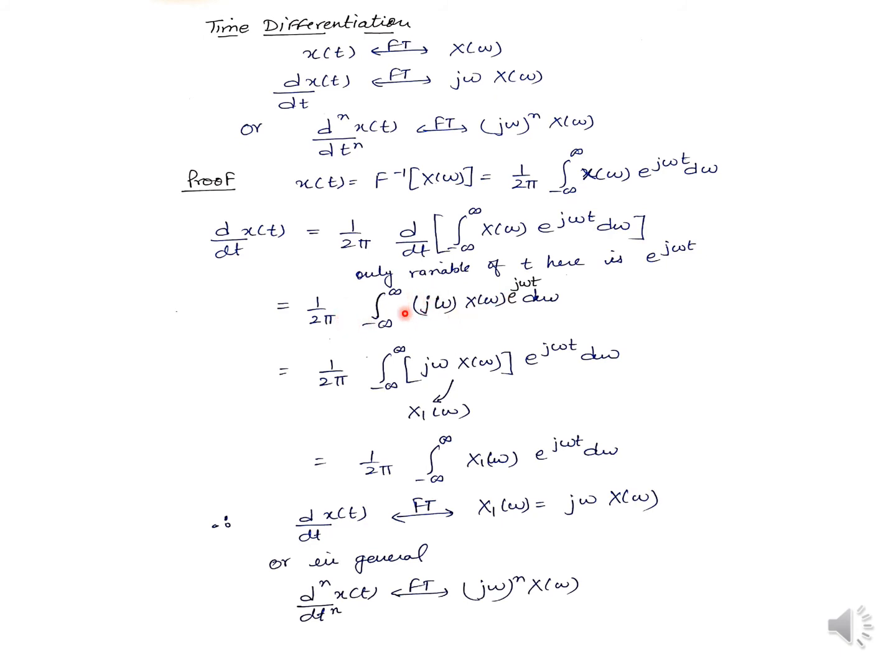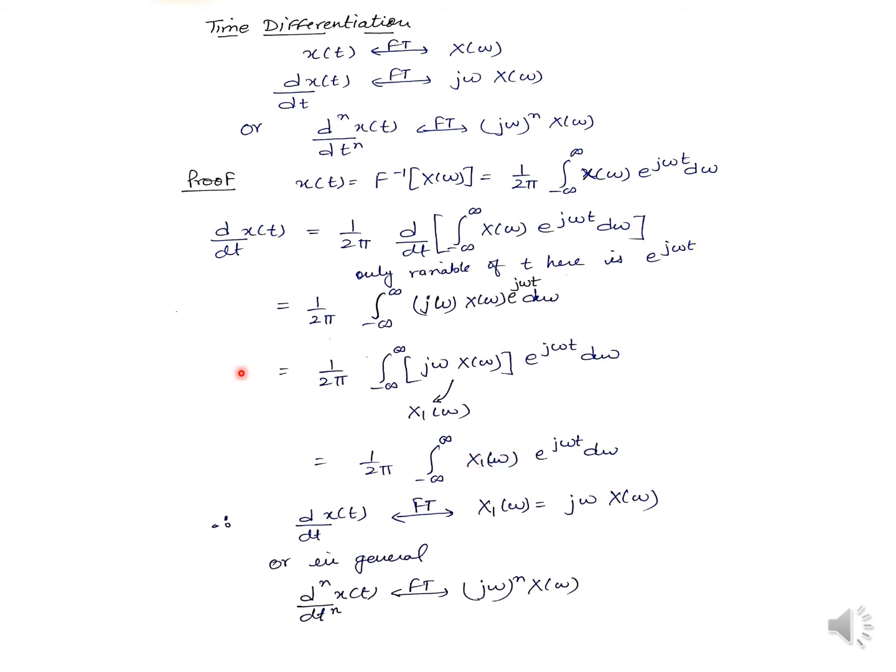So it will be equal to 1 upon 2 pi, integral from minus infinity to infinity of j omega, as we are differentiating this, so the constant will come out and this function remains the same, X(omega) e raised to the power j omega t d omega. So instead of X(omega), our function has now changed to j omega into X(omega). If I write it as a new function X1(omega), then it is 1 upon 2 pi integral from minus infinity to infinity of X1(omega) e raised to the power j omega t d omega.